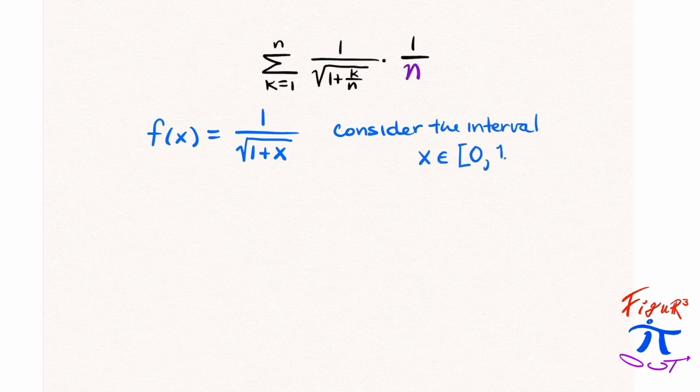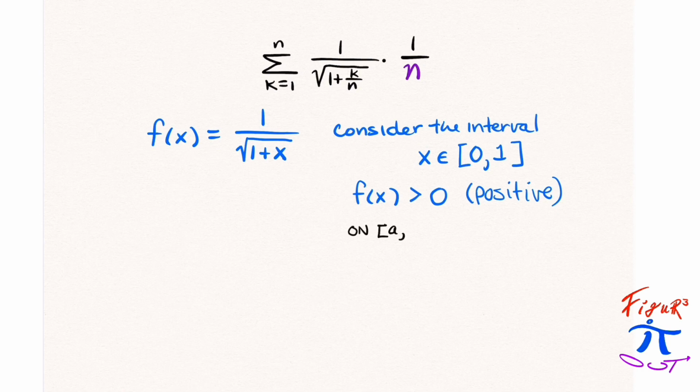Next, I want you to consider that x lives on the interval from 0 to 1, and I'll justify this in a minute. On this interval, f of x is greater than 0, another way of saying that it is positive. So on the interval from a to b, delta x can be given by b minus a divided by n.